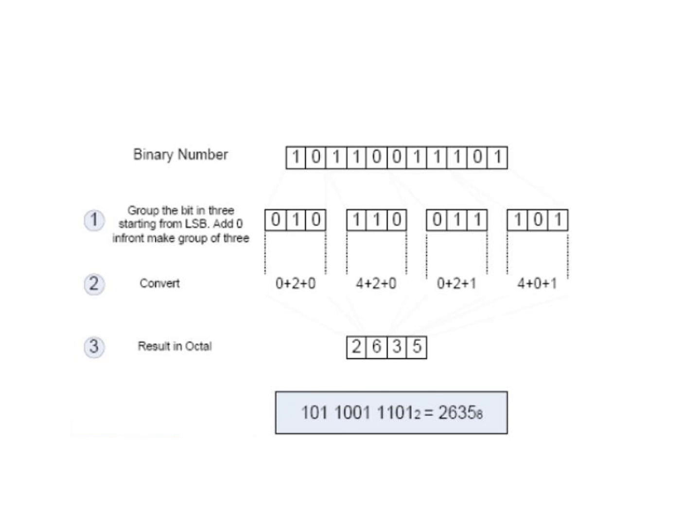Then next 110: 2 raised to power 0 multiplied by 0, 2 raised to power 1 multiplied by 1, 2 raised to power 2 multiplied by 1, and the sum of these, 4 plus 2 plus 0, gives us 6. Then 011, the same process repeated, gives the result 3. Then 101 gives the result 5. So the result in octal is 2635.